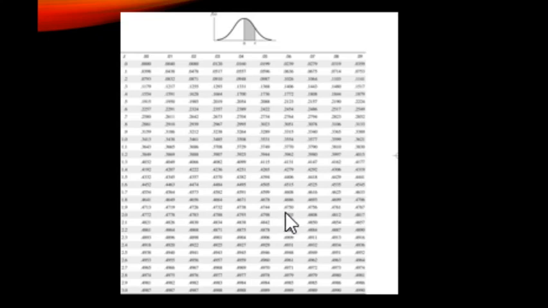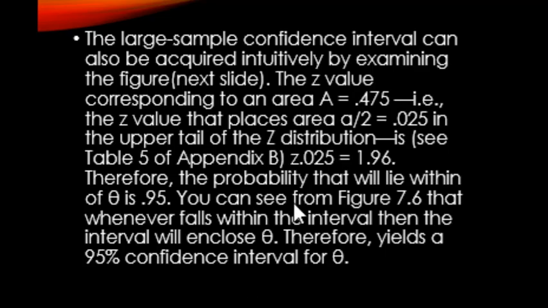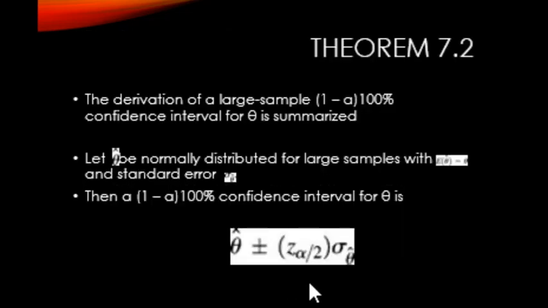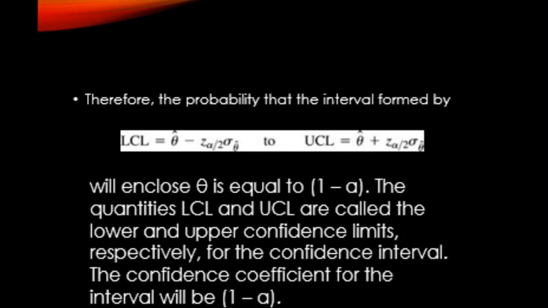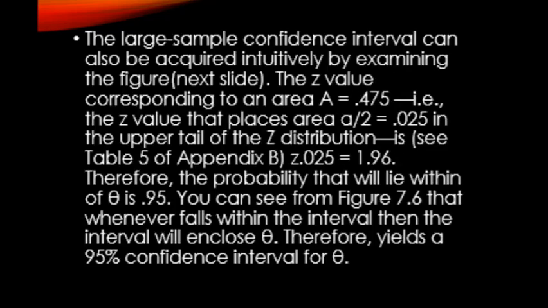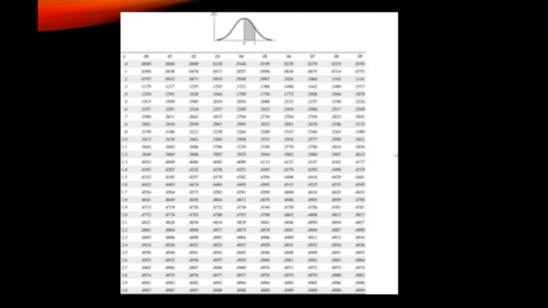So 0.475 corresponds to 1.96, and that is the Z alpha by 2 value for replacing here. If you look back again at the figure, the diagram, this is 1.96 and this is negative 1.96. So depending on how much area is in the middle, we can figure out the Z alpha by 2 value.